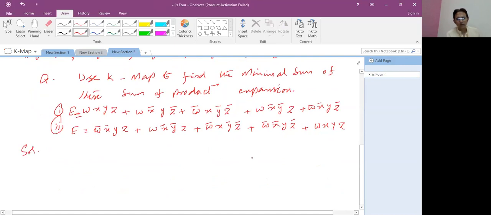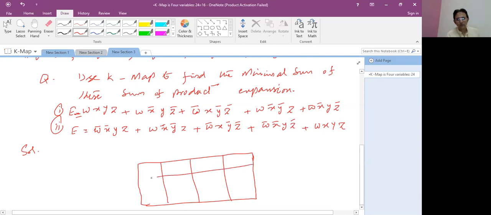So we will make a square, and 16 squares are formed. If we write here WX and YZ, it means 0, 0, 0, 1, 1, 1, 1, 0.